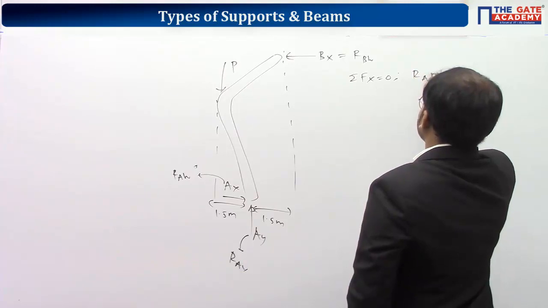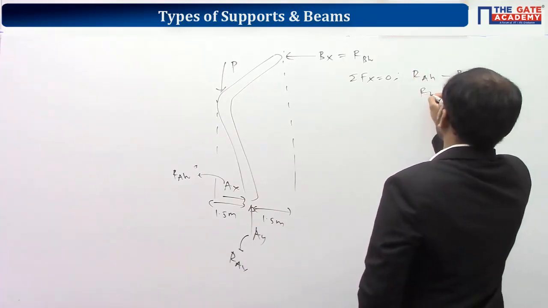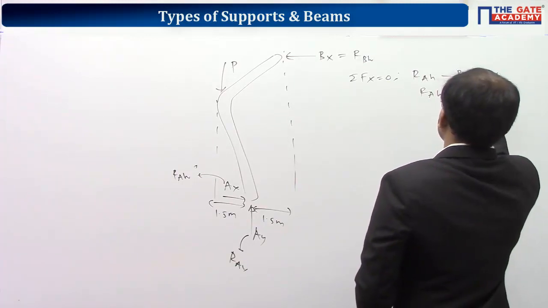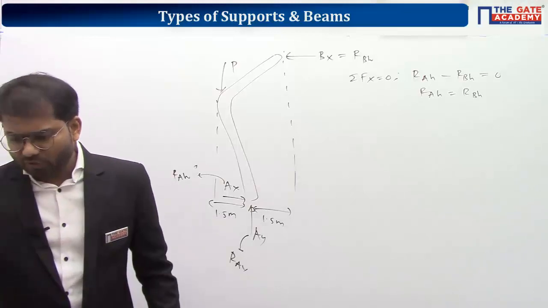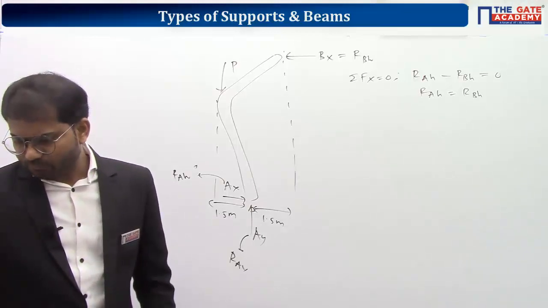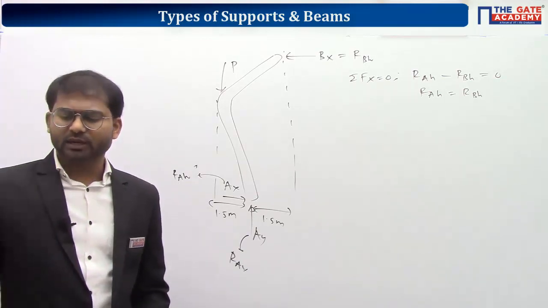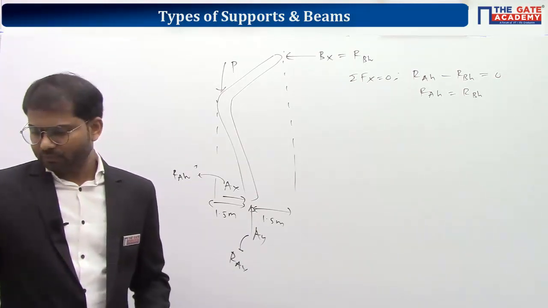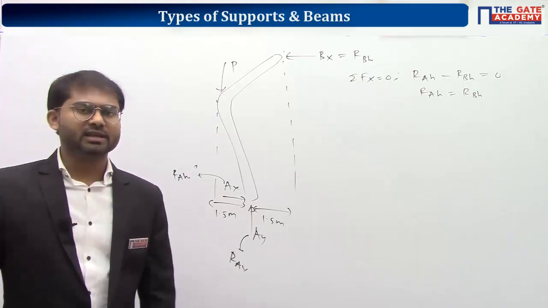So RAH minus RBH is equal to 0. That means RAH and RBH values are both the same. If you see the options here, only one option shows that RAH and RBH should be the same. That is option number D. So you can give the answer as D itself.